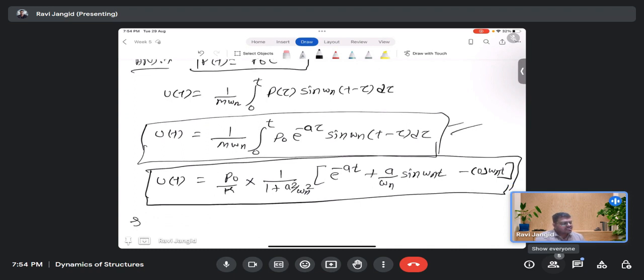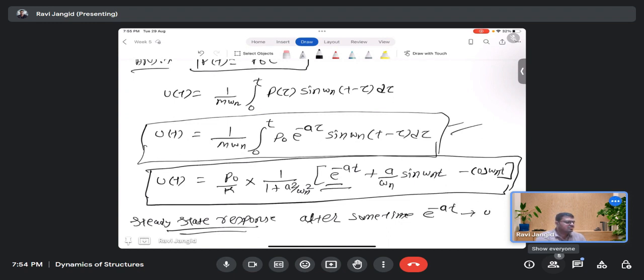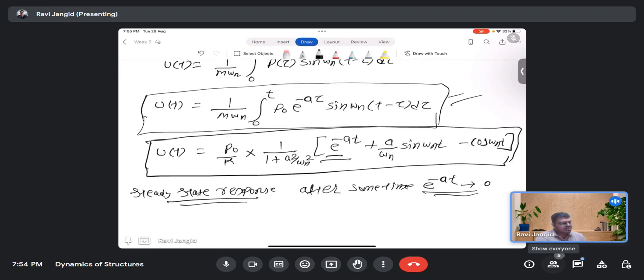And to find out the steady state response, after some time this term e raised to power minus a t dies out. Okay, so my u(t) steady state will become p naught by k into 1 by (1 plus a square by omega n square) into [a by omega n sine omega n t minus cos omega n t].